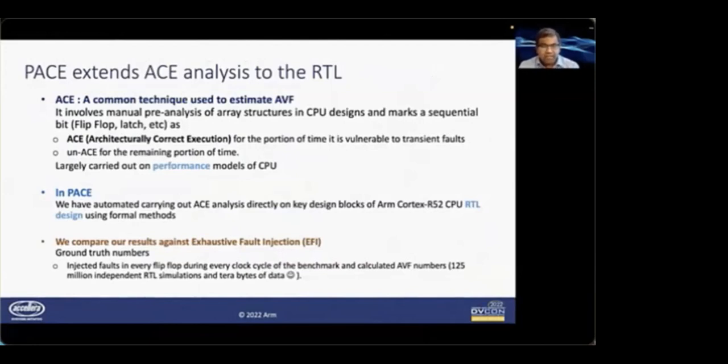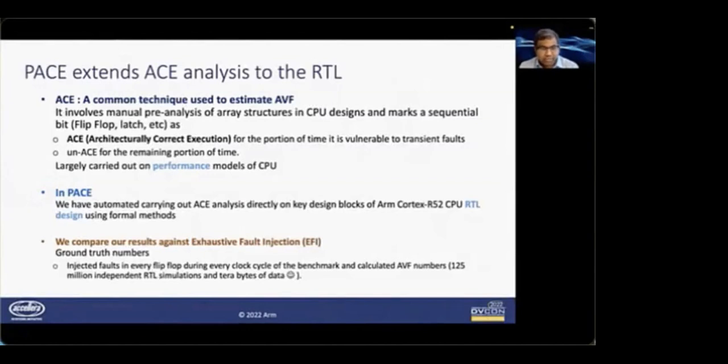ACE means it carries values that are used or consumed by the system, and un-ACE means the values in the bit are not going to be consumed and therefore are not vulnerable to transient faults. In PACE, we extend this ACE analysis on the RTL, and we've designed it, as an example, on the ARM Cortex R52 CPU. And using formal methods, we've been able to automate this whole methodology.